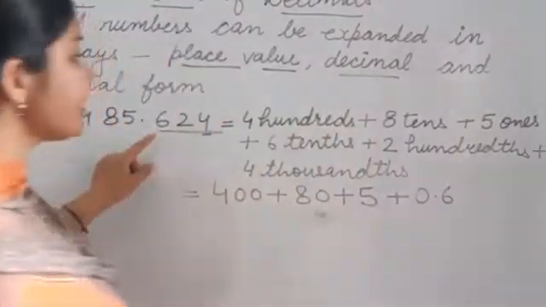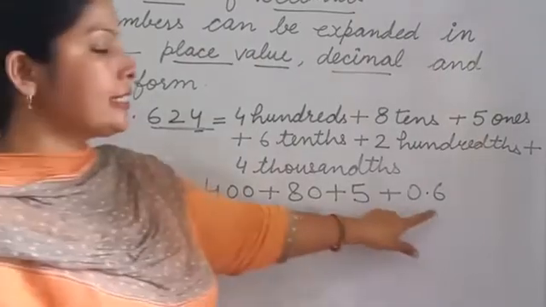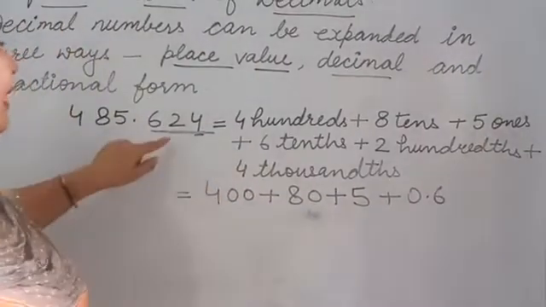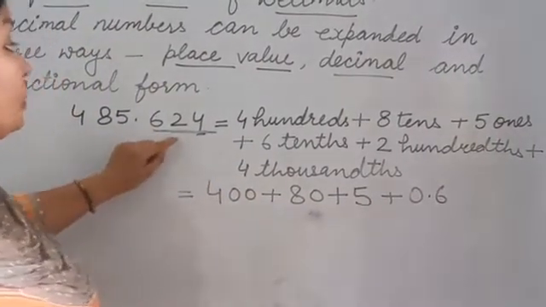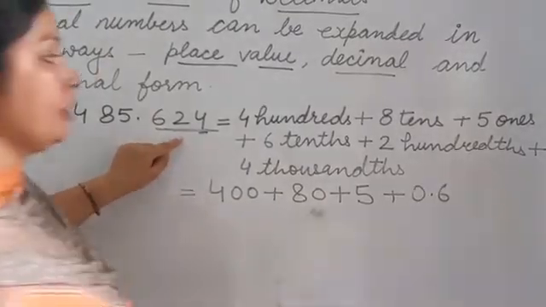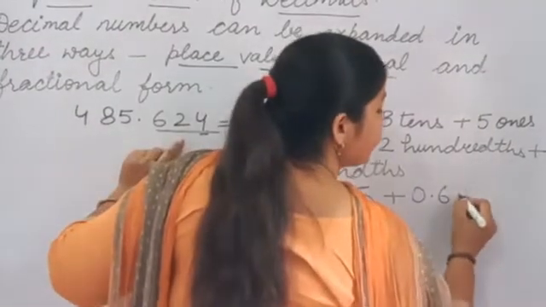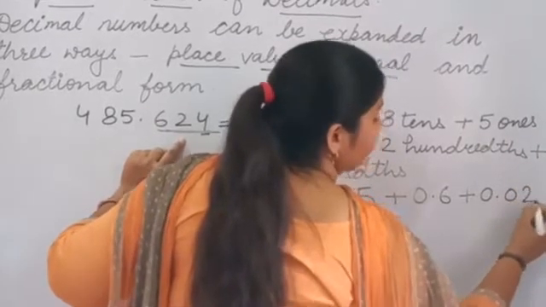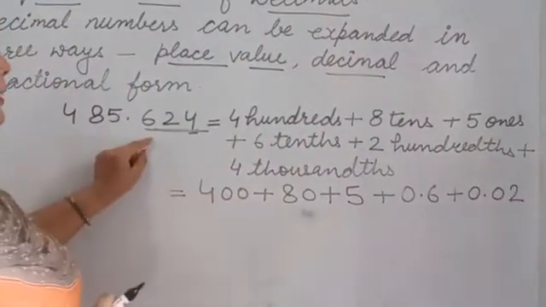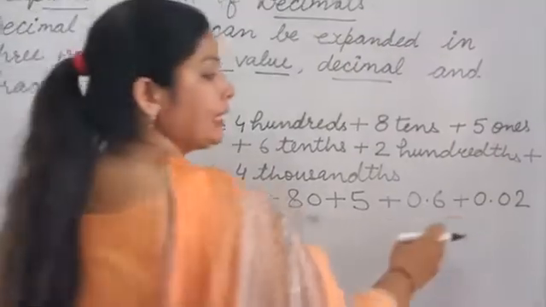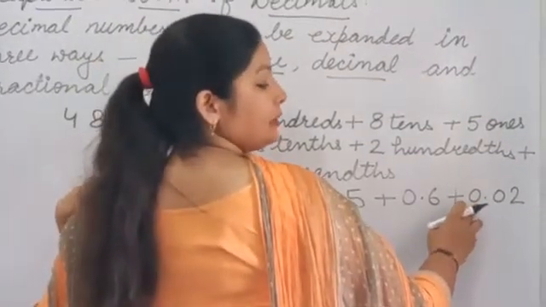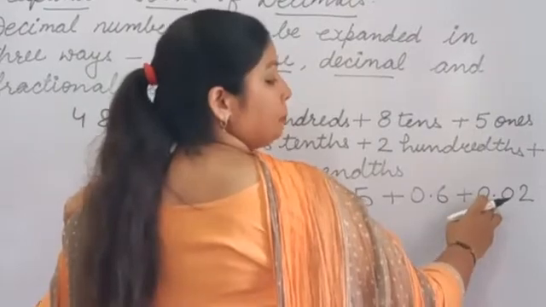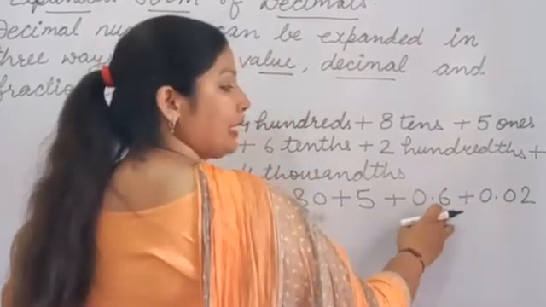First place is there 6. So 0.6. Now after that what we have? 2. 2 is at the hundredths place. So what will we take? Plus 0.02. Tenths place we should make 0, and point we will take, and before decimal we will take 0. Okay. Then point, tenths expanded form we have written.